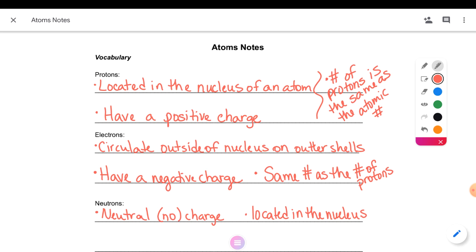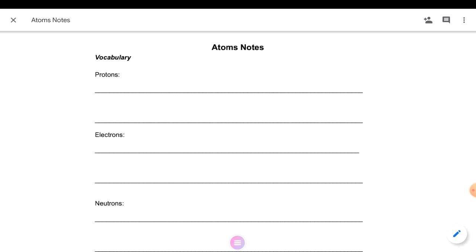Now, for how to find the number of neutrons, we're going to write a subtraction sentence. Do you have one line for neutron or two? Two. Okay, so go down to the second line.